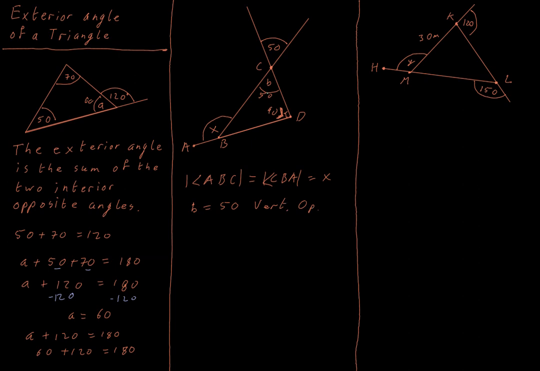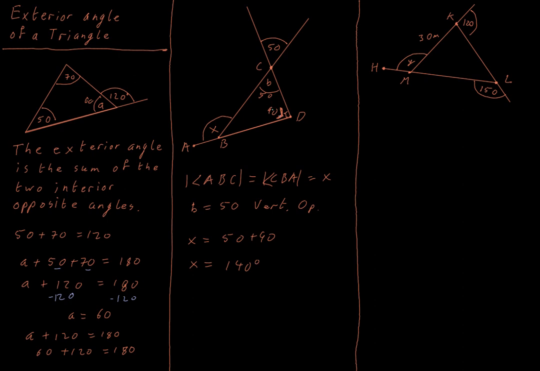Then I could just find this missing angle here and then get X, but because I have this rule, I can skip a little bit of work and say X must just be equal to 50 plus 90, because this is an exterior angle and 50 and 90 are the two interior opposite angles. So if I add them together, I must get my value for X. So X must be 140 degrees.